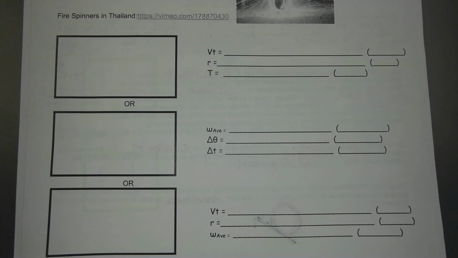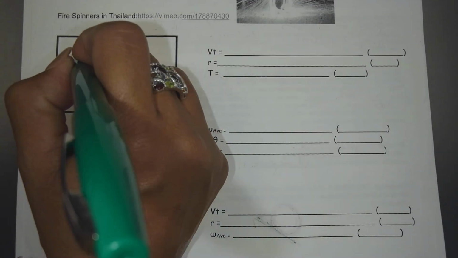Just like whenever we went through a equals Vf minus Vi over t, or you can use a equals Vf squared minus Vi squared over 2d. You could still use both of those and still figure out a for acceleration. Over here, you can use any one of these to figure out the same thing.